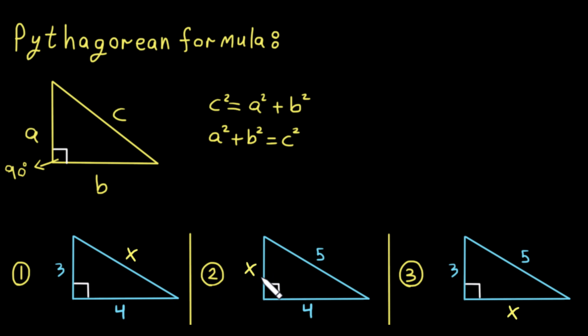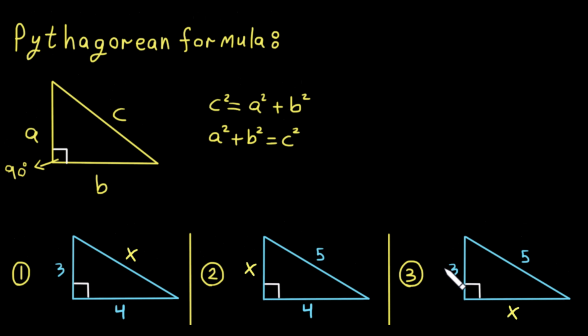In the other situation, we want to find a missing side x when the hypotenuse is given, which is 5, and this side is 4. The last scenario, the third example, is if we want to find this side if it's given that the hypotenuse is 5 and this side is 3. We also have more examples after that.